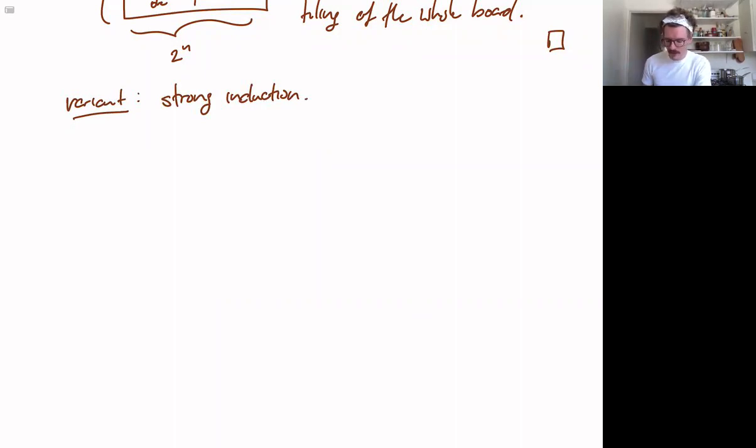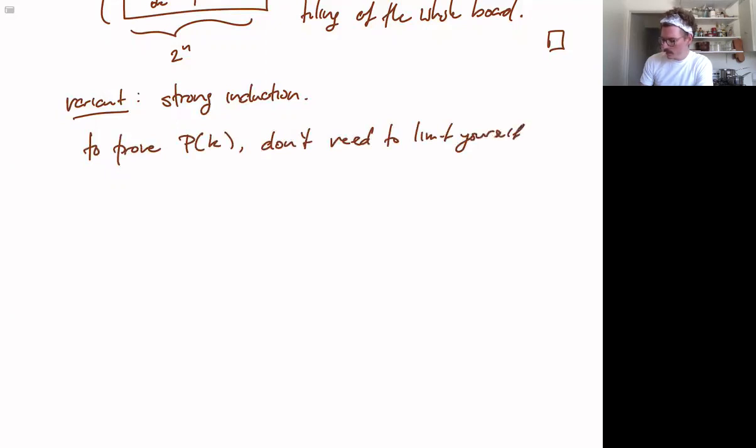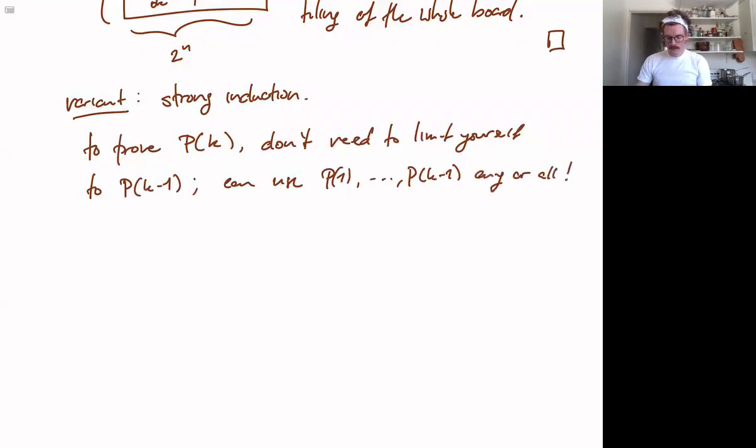It's just the simple observation that if you're trying to prove P of K, then you don't need to limit yourself to assuming P of K minus 1. You can use all of the previous ones if you want. So all or any of the previous statements that you find useful.